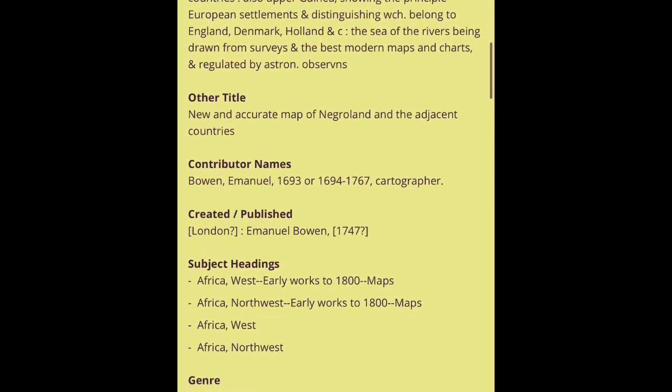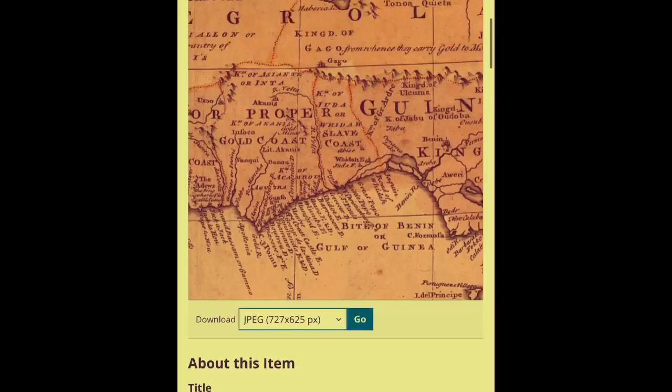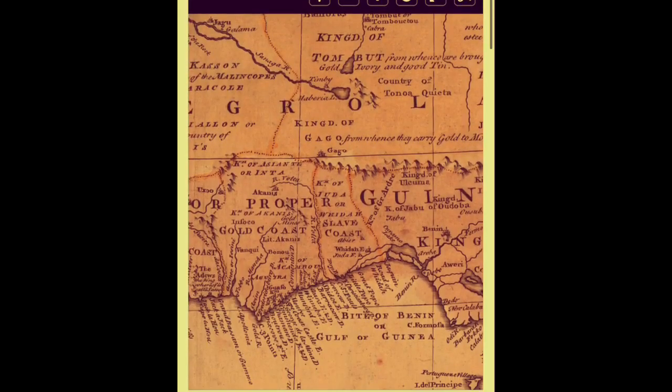This map is said to be created in London, maybe, question mark there, by Emanuel Bowen, 1747. So what we want to know is, does this point on this map talk about a kingdom of ancient Hebrew Israelites? This is what we'll be going into.